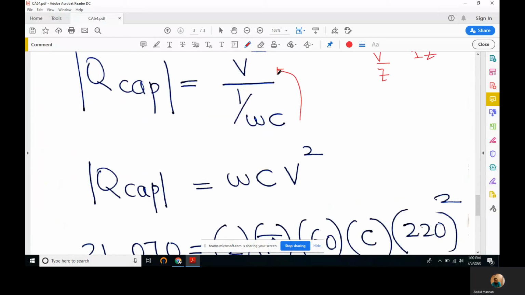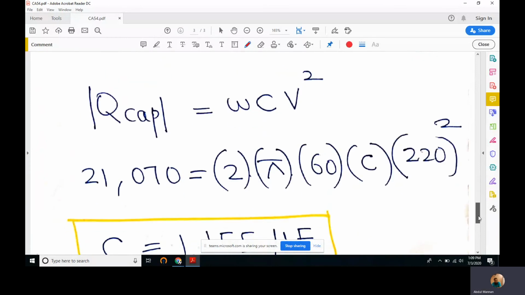So this comes in the numerator: omega C V squared.